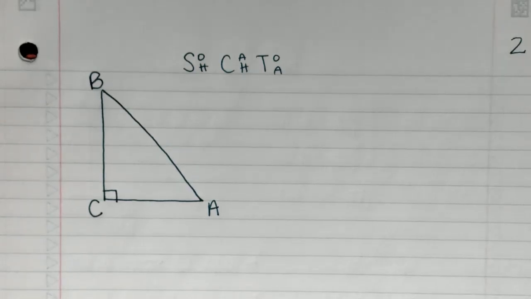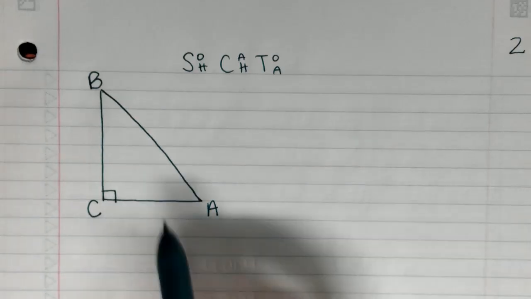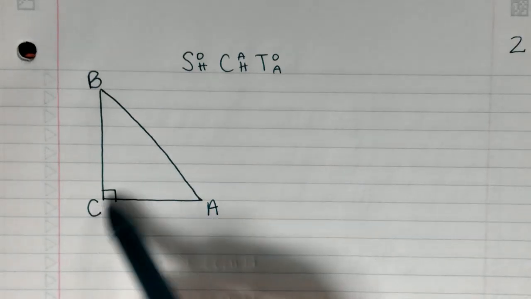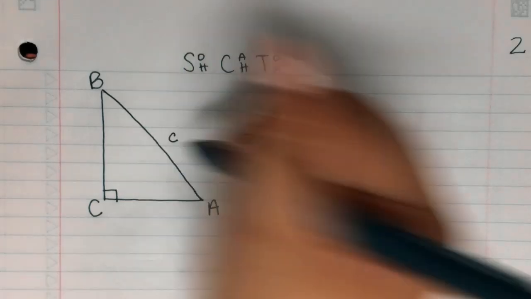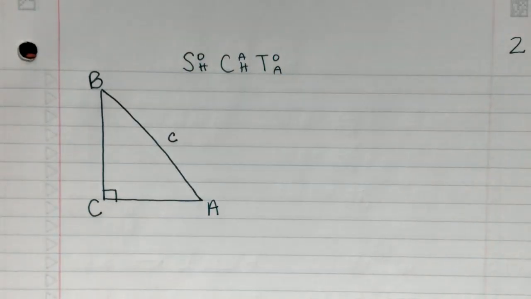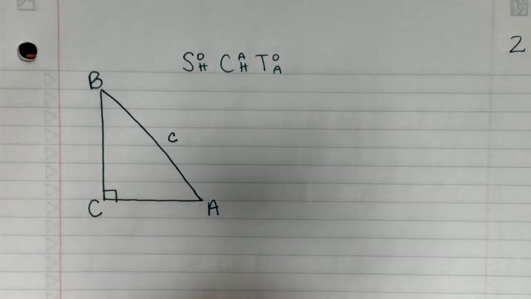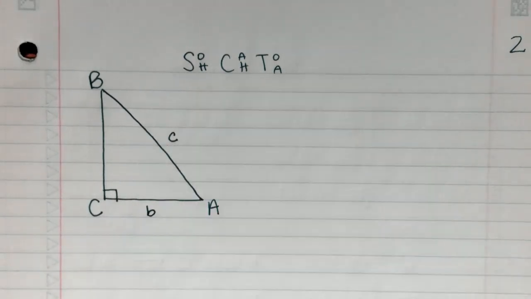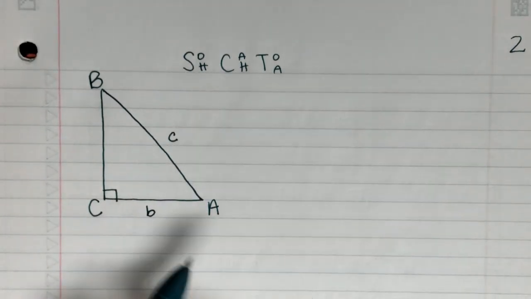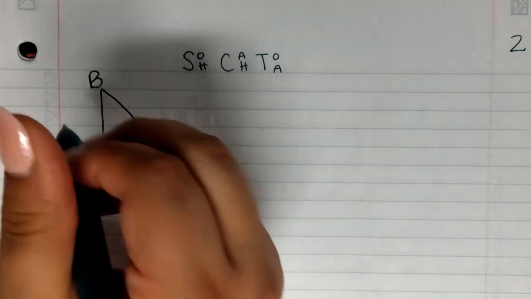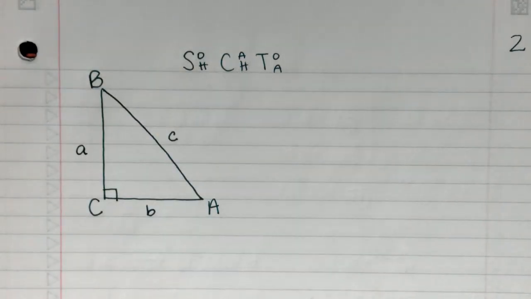Now, when labeling a triangle, your sides are going to correspond with your angles as far as the letters. Angles should always be capital letters. Your sides will always be lowercase. Because angle C is right here, across from it is little c. Because angle B is up top, across from it will be side b, lowercase. And angle A across from it is side a.